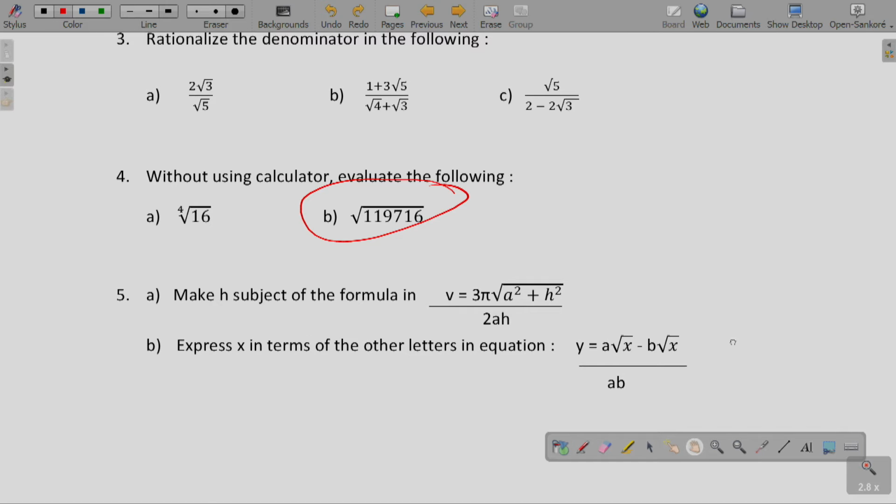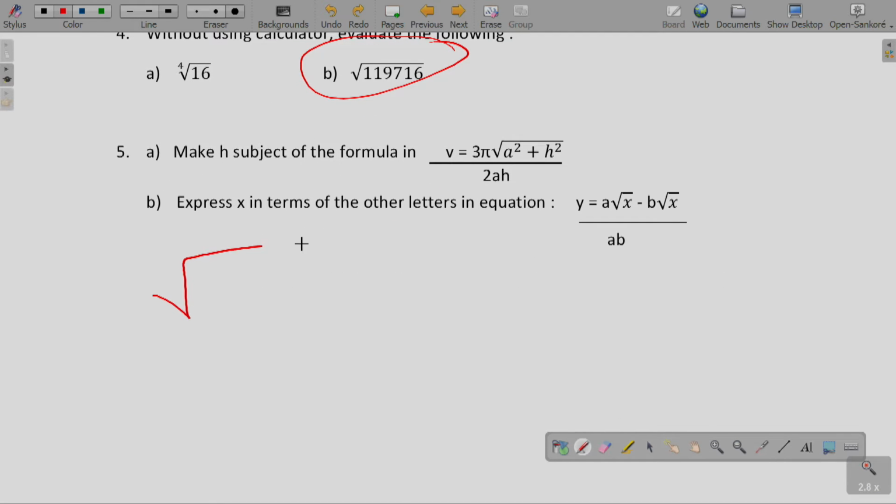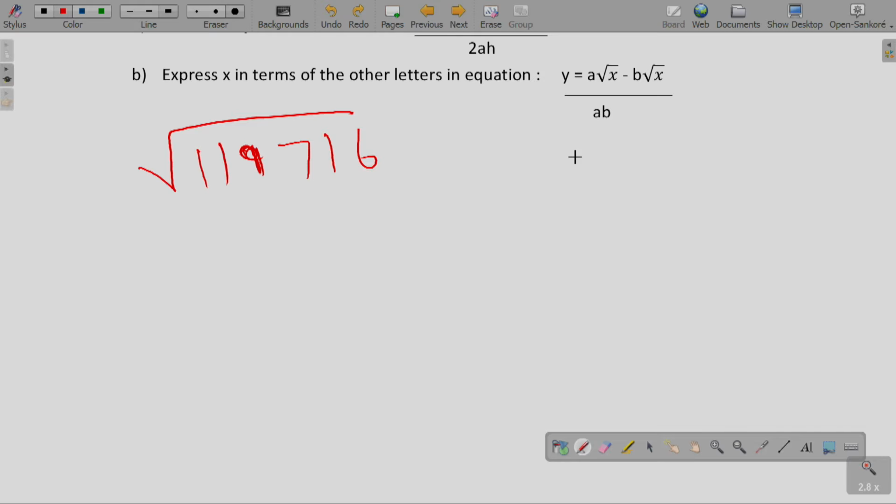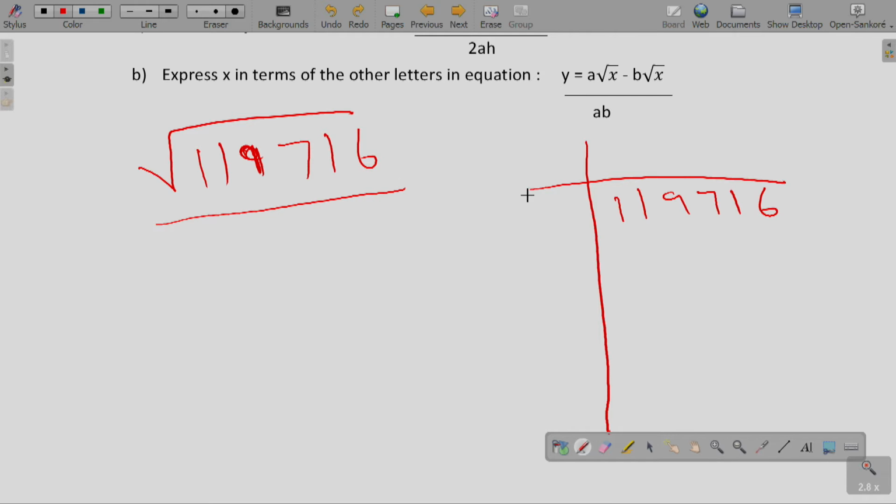Square root of 19,716 without using a calculator. So let's apply this formula. This is a big number, so we can use this type of technique to evaluate the square root of this number.